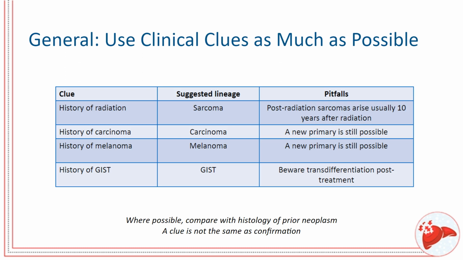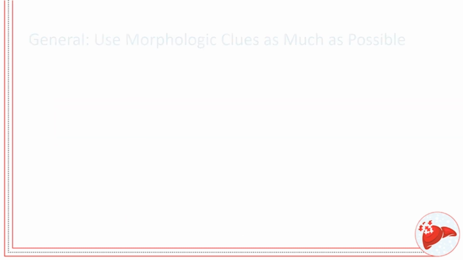The same thing is true for malignant melanoma, and the same thing is true for GIST. So when it's possible, I like to compare the histology of any prior tumors with what is available presently. And it's also important to realize that even though these things are clues, they don't represent confirmation of any specific diagnosis. It's just information that you want to consider while making your interpretation.